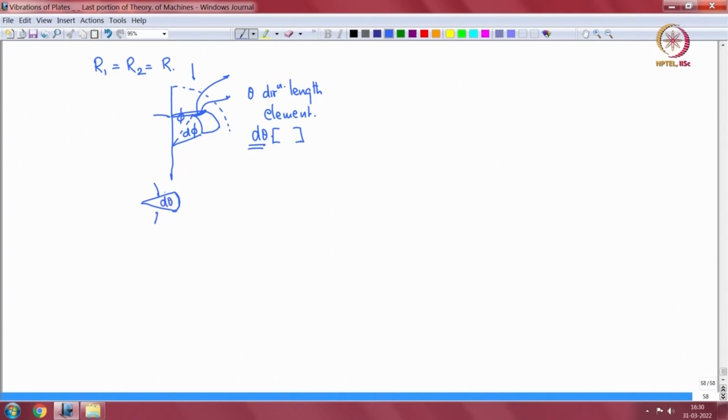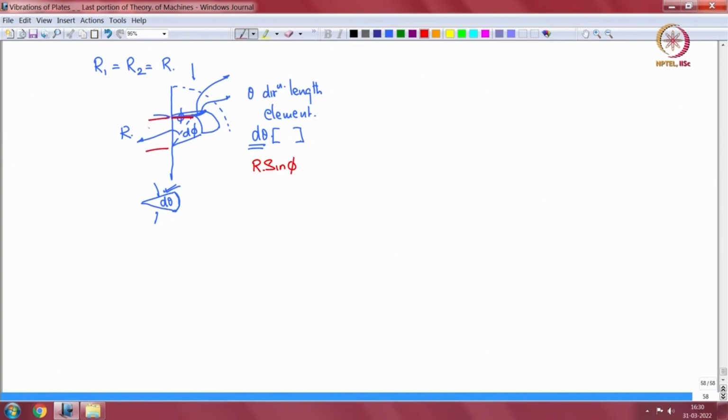So I need this length. This is my radius of the sphere, and I need this length over here. That is r sin phi.